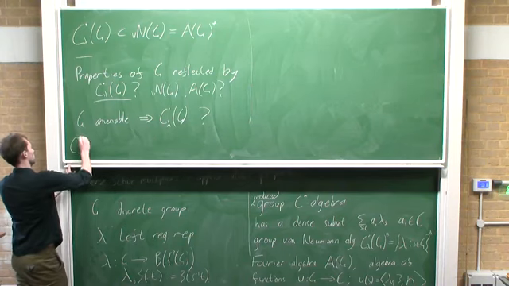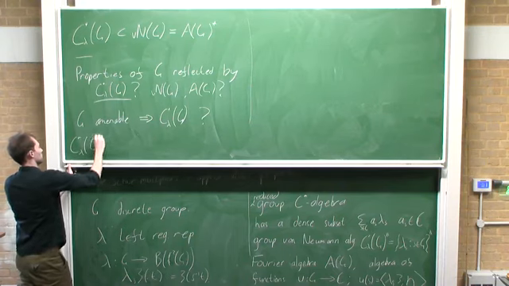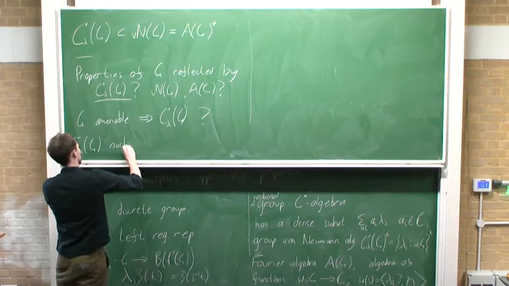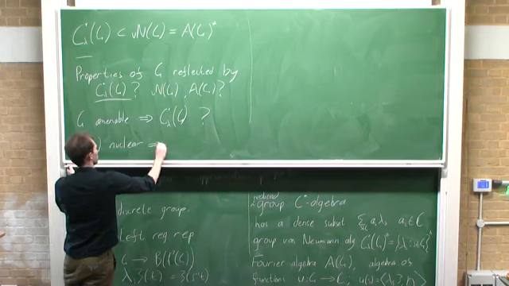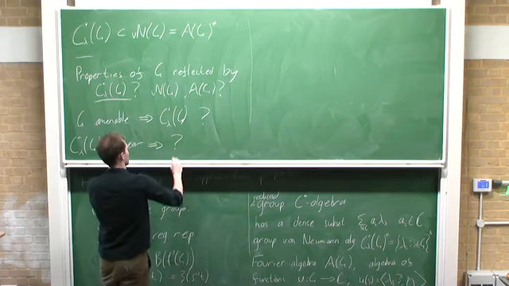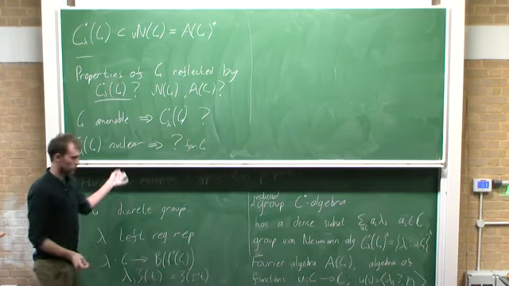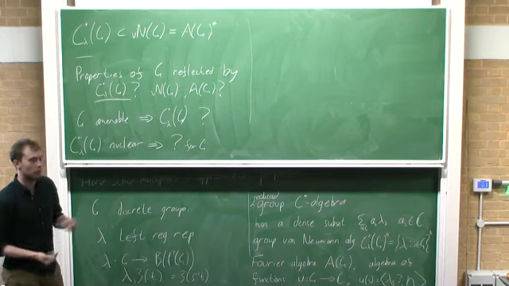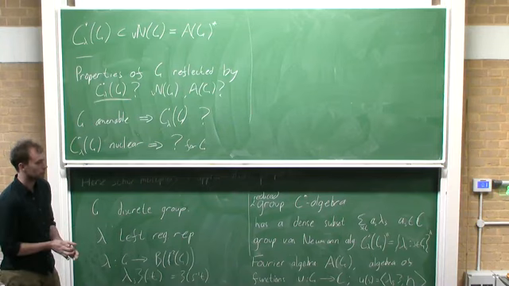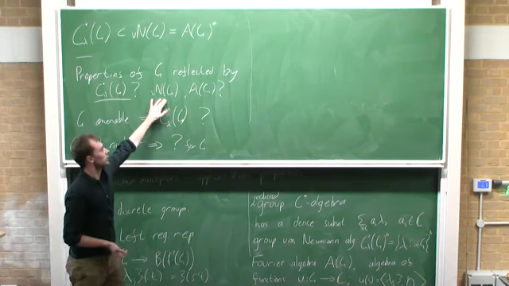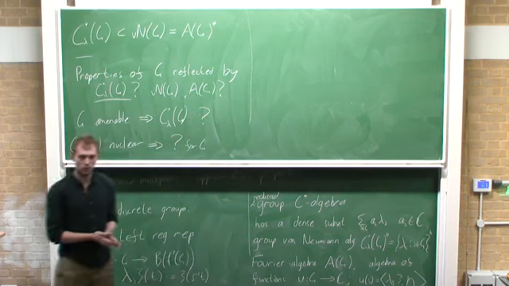So C-star lambda of G nuclear implies what about G? You can do this with whatever property you like, maybe property T we saw earlier. Or you can ask this question about VN of G or A of G.